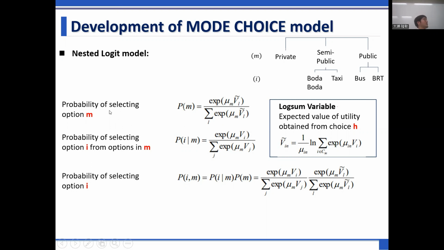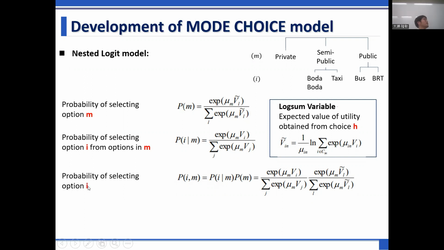Yes, for the probability of selecting the option from M, the persons choose private or semi-public or public. The formula is like this. And the probability of selecting the option I from option M is converted like this.